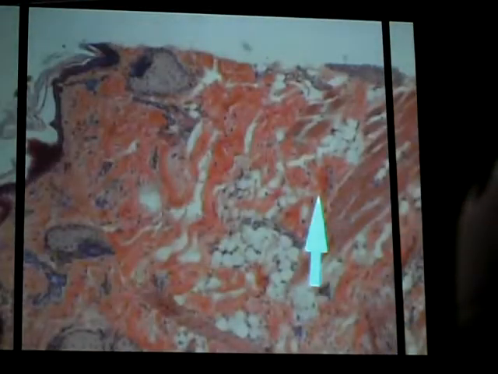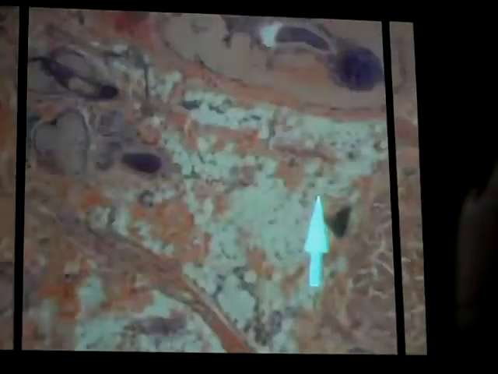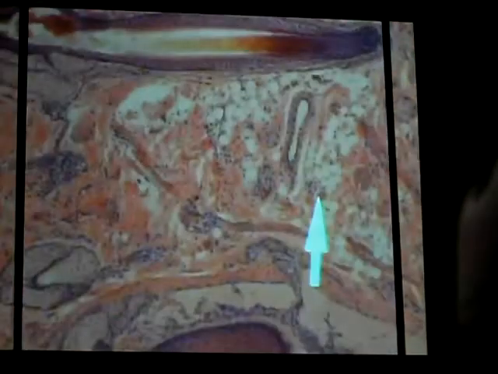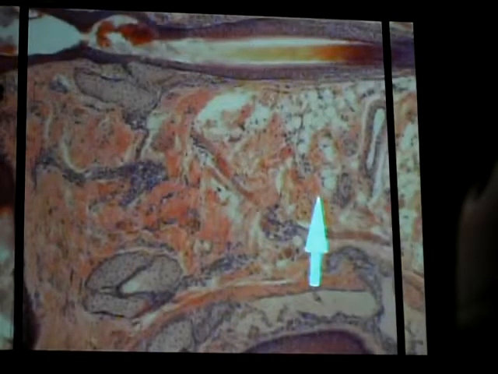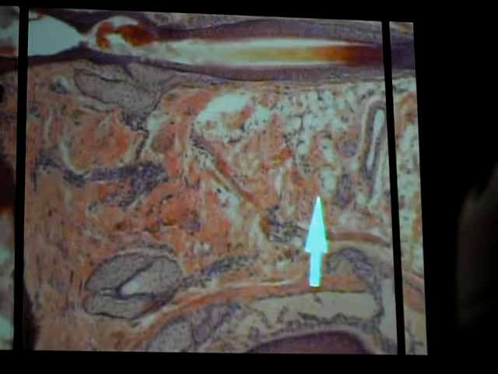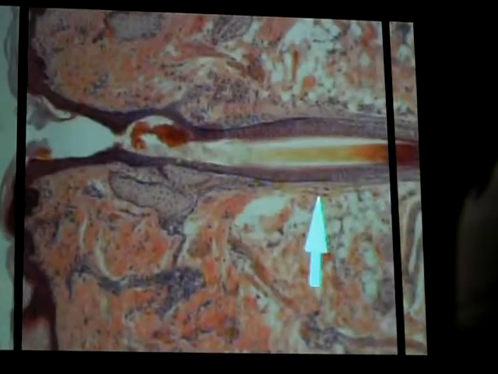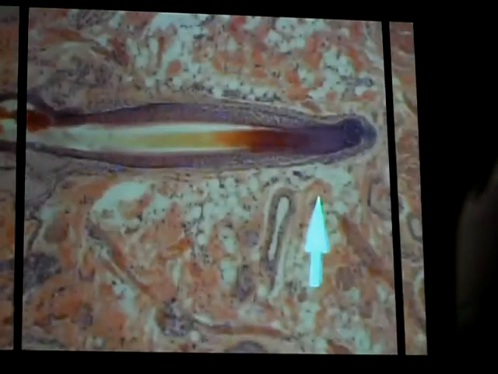Alright, so within the lip we can also see some glands here. You have some hair follicles. This is a hair follicle here. You can actually see it extending all the way outwards.